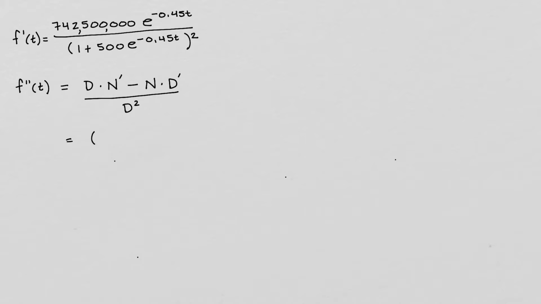So this starts out as the denominator times the derivative of the numerator. So that's going to be 742,500,000 e to the negative 0.45t times the derivative of the exponent, which is negative 0.45.